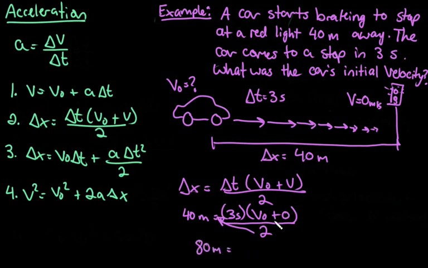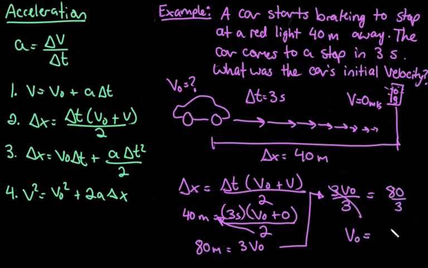And then this top part, because this is 0, we don't have to worry about it. It just becomes 3 v naught. So to get my v naught isolated, I'm going to divide both sides by 3. And v naught becomes 26.7 meters per second. And that is my initial velocity.